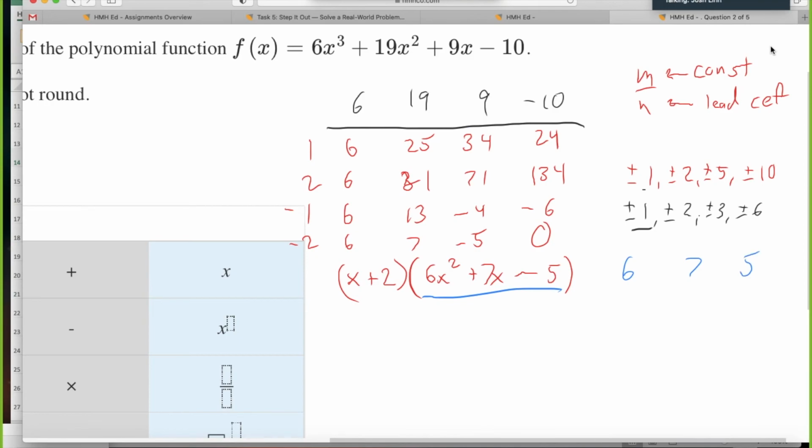So on the bright side, 5 doesn't have a lot of factors in it. So that's our top. Our denominator is plus or minus 1, plus or minus 2, plus or minus 3, plus or minus 6.